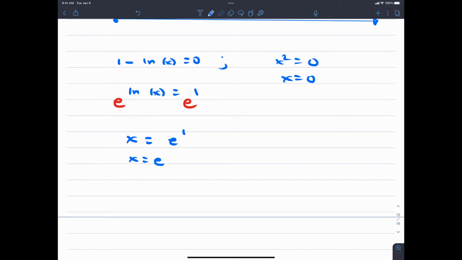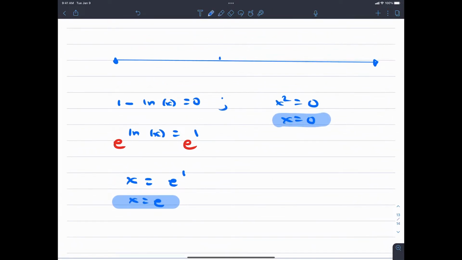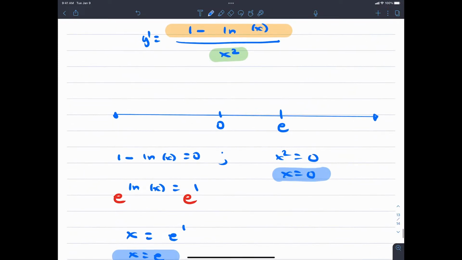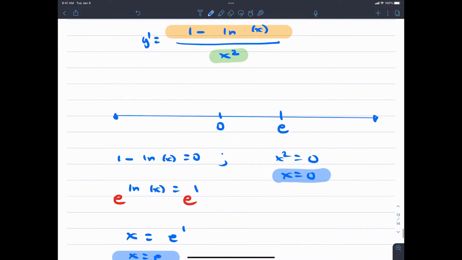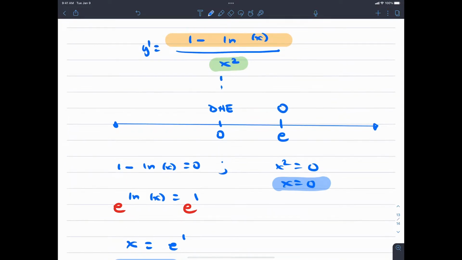So my point is you have two solutions however you want to look at this situation: 0 and e. This is where your first derivative has what are called critical values. Is that true? So at 0, the derivative does not exist. At e, the derivative is 0.